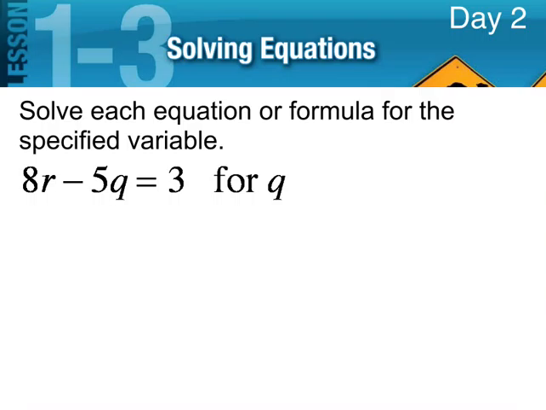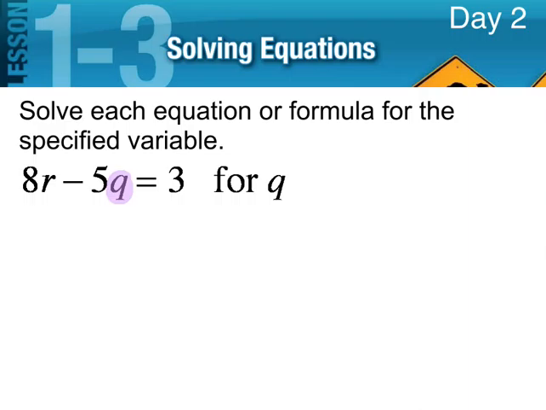It says 8r minus 5q equals 3. And so we want to solve this for q. And so what I need to do is get q all by itself. So to get q all by itself, the first thing I'm going to do is subtract 8r.